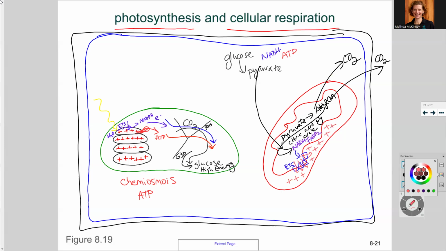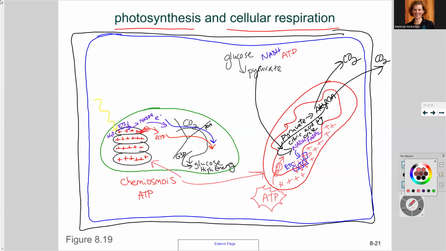Those positive hydrogen ions want to get away from each other. They're allowed to do that if they go through a molecule called ATP synthase. So when they go back down, they create ATP, yay, and that is the purpose, okay? So again, this process here is also chemiosmosis.